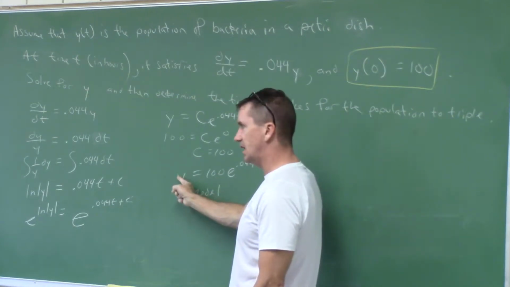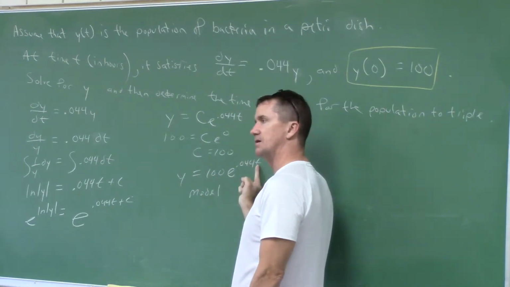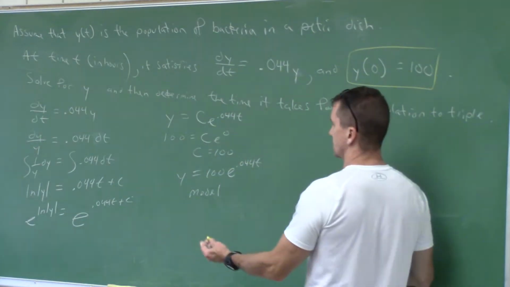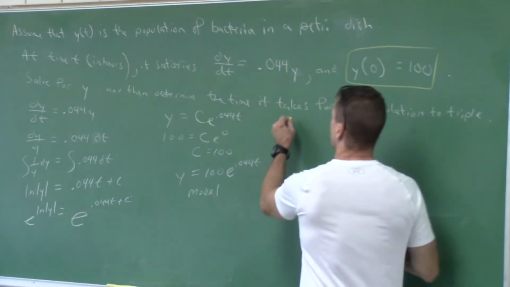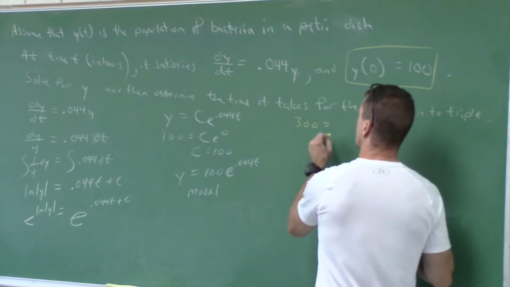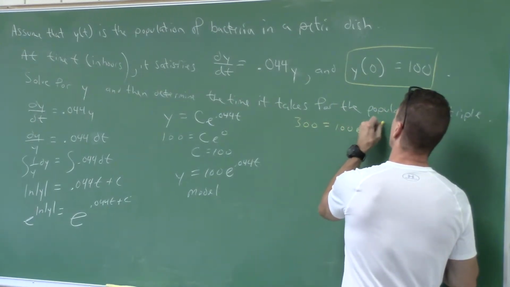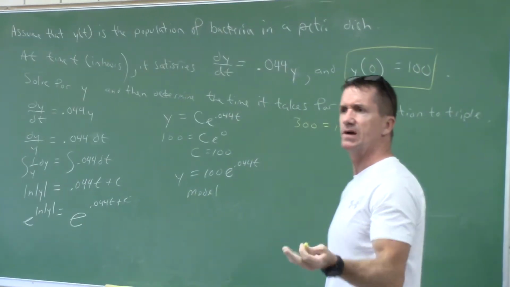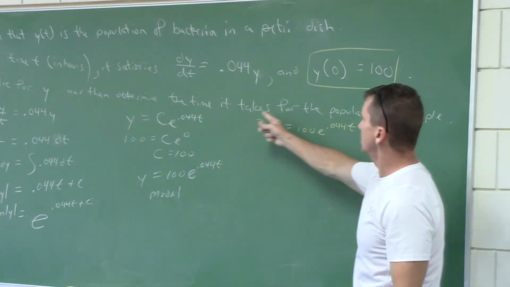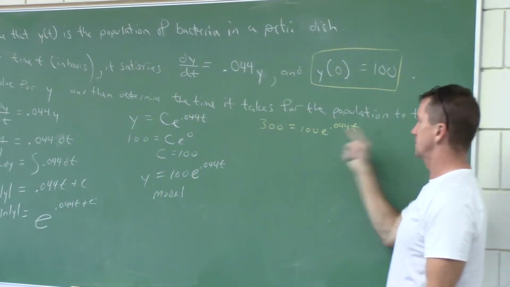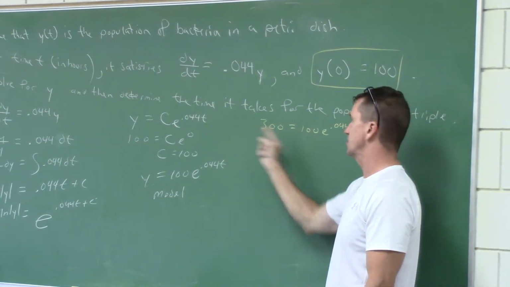I'll put 300 there, keep this 100, then we'll solve for t, but the rest is pre-calculus, meaning we've done all the calculus. So 300 equals 100e to the 0.044t. Students may ask, where do you get the 300 from? They said, the time it takes the population to triple. That was the initial population, 100, so I tripled it.